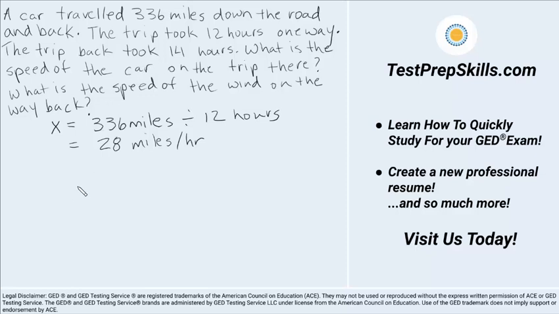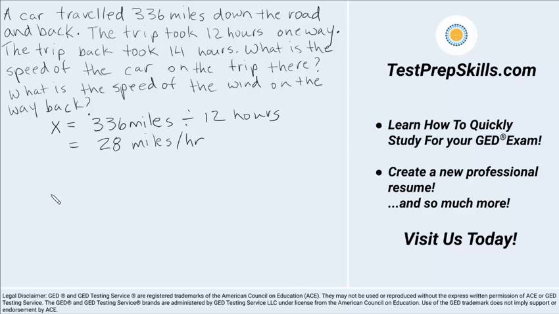Okay, so what we're going to do to figure this out is, first, we're going to solve for the speed of the car on the way back. Then we're going to find the difference between the speed of the car on the way there and the way back. Then we're going to take the difference amount, and we're going to add that to the original speed of the car, and that is going to be our speed of the wind.